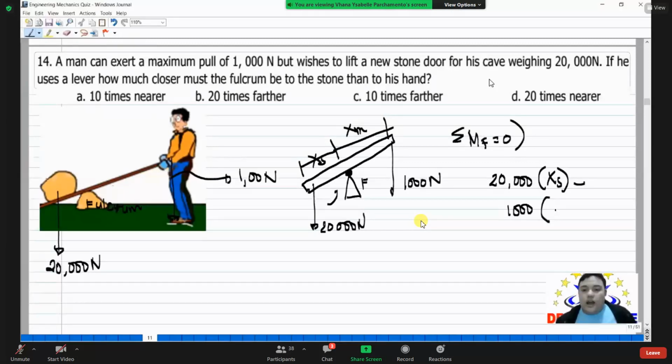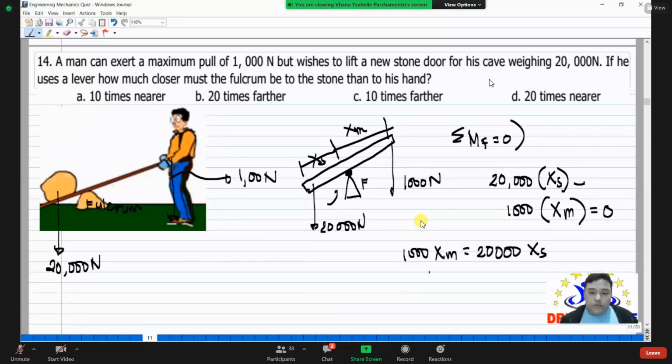So therefore, so that is 1,000 XM is equal to 20,000 XS, or yung stone. So therefore, in terms of the man, so XM now is equal to 20 times XS.